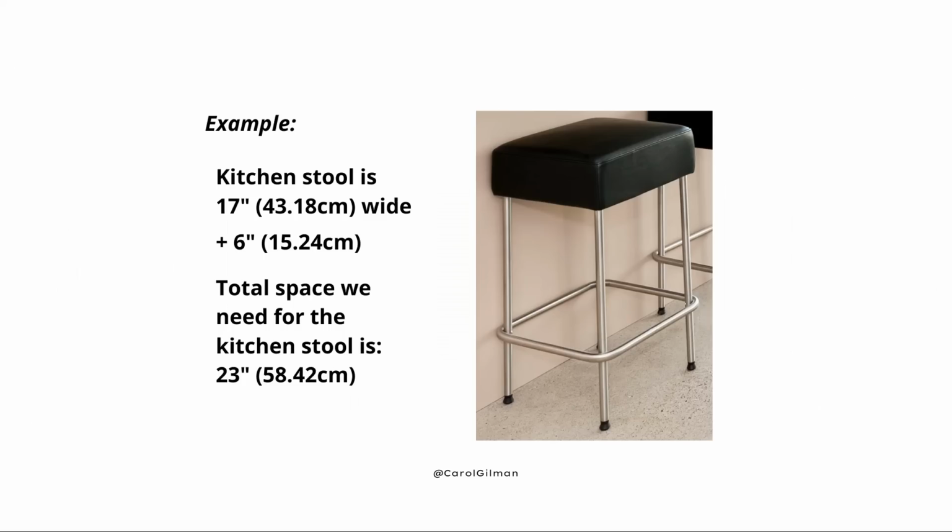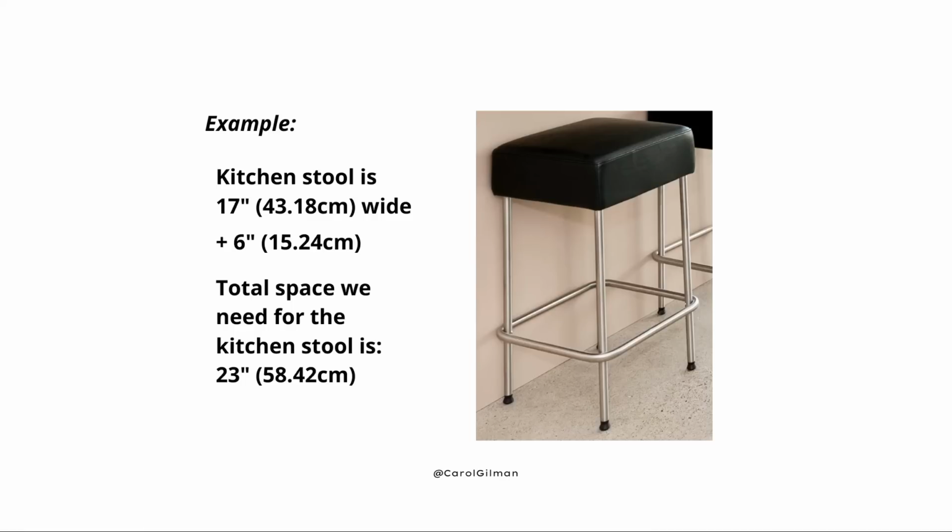So for example, if we have a stool that is 17 inches wide, that's the widest part of that stool, I would just add on 6 inches. So the overall space that we need for that stool is going to be 23 inches. So ideally, it's nice to have around 6 inches in between each stool.